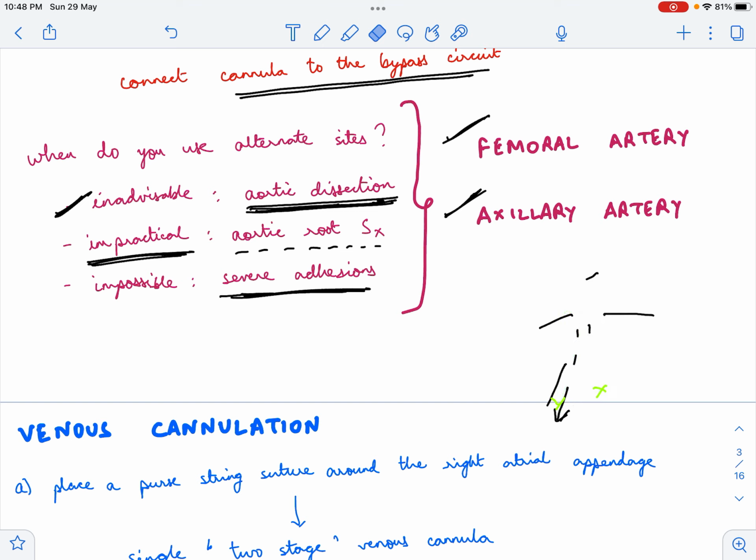So the advantages of the axillary artery: first, it is an antegrade flow. Secondly, it will reduce thromboembolic events. Lastly, an axillary artery cannulation can also be used to provide selective cerebral perfusion. Now, what is selective cerebral perfusion? This will be mentioned later on in the video.